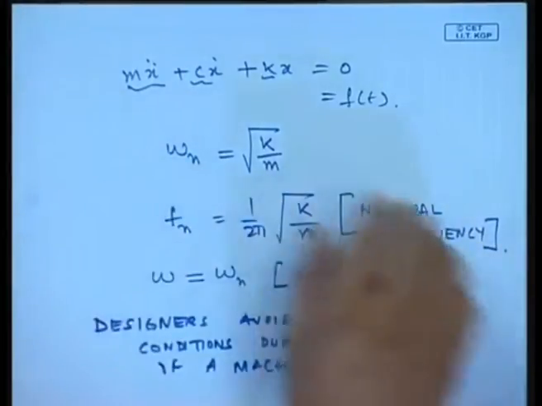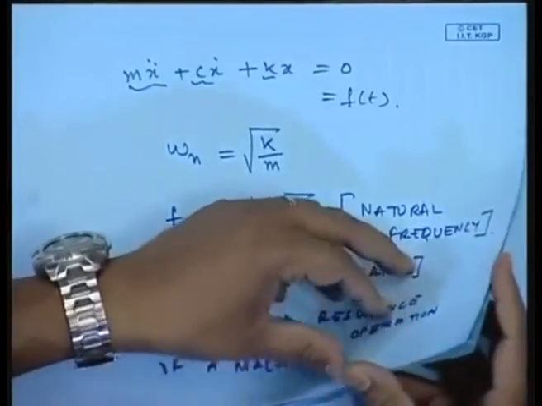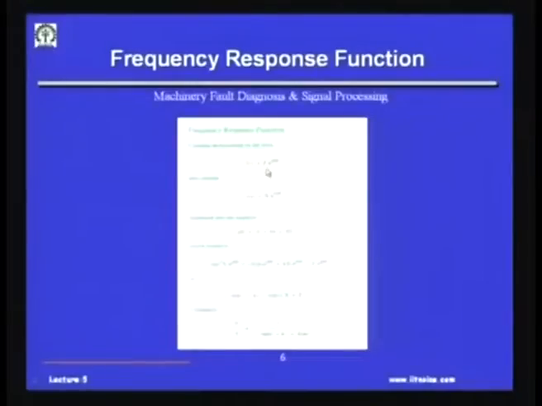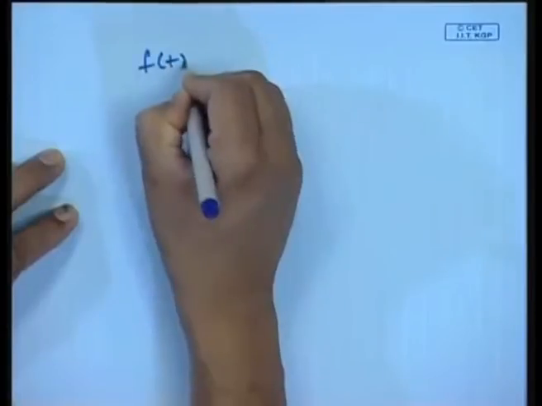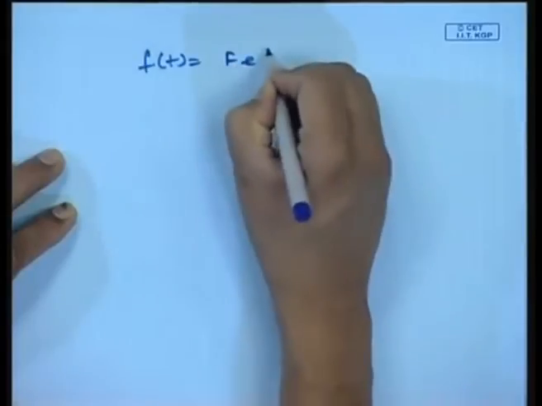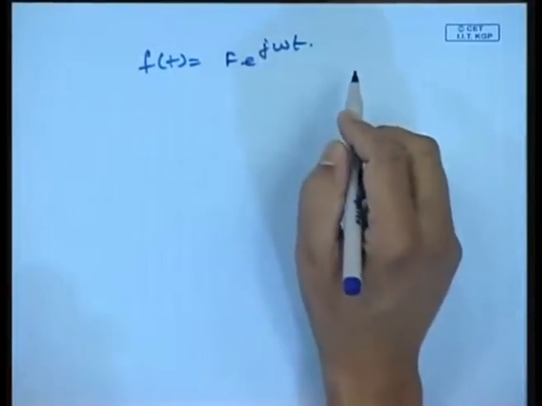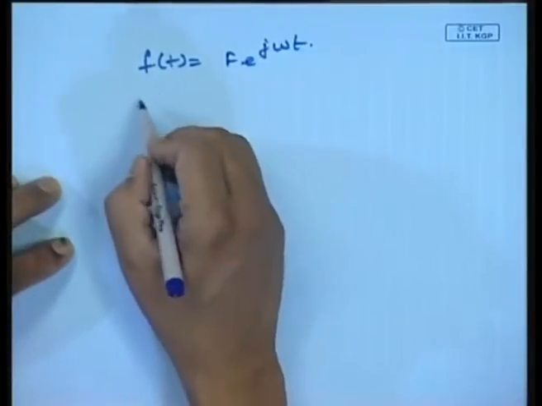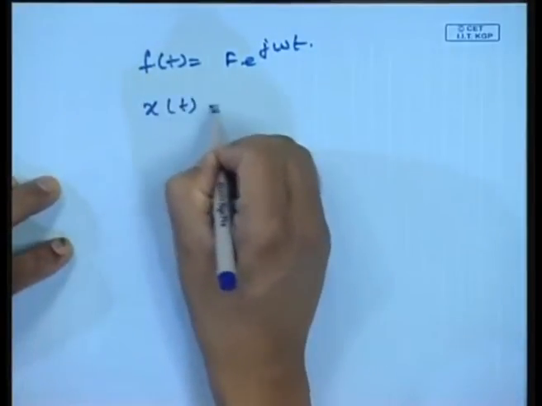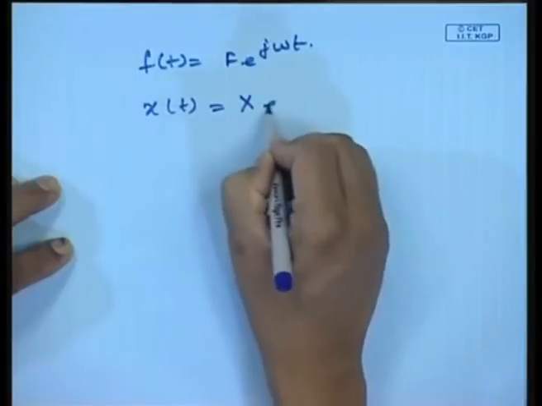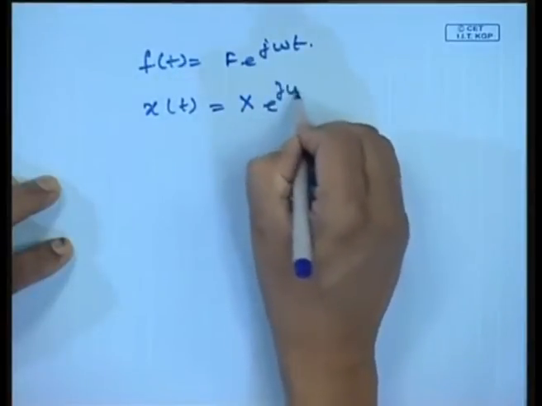And there are many ways I can represent this forcing function. One method is, if I look here, this form of excitation could be very general in the sense, f t is equal to F e to the power j omega t. Then similarly, I will have a response x t is nothing but X e to the power j omega t.